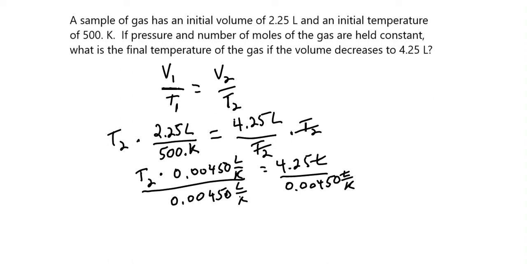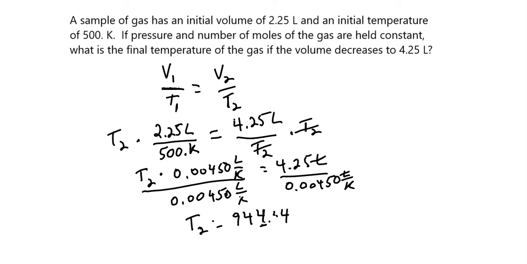Okay, so our final value for T2 is going to be 944.444 repeating. And of course we have to consider that this is multiplication and division, so the sig fig rule applies: the number of sig figs is the least number of sig figs in our starting values, and all of our values here have 3 sig figs, so our final answer needs to have 3 sig figs.